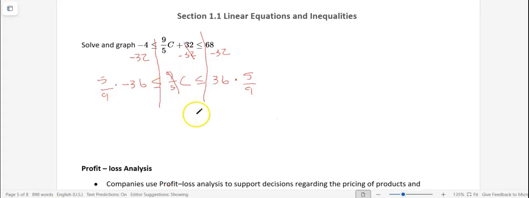Gets rid of that on there, and then I would have C. If I put that in my calculator, 36 times 5 divided by 9 gives me 20. So on this then, I would have C is less than or equal to 20, or greater than or equal to negative 20.